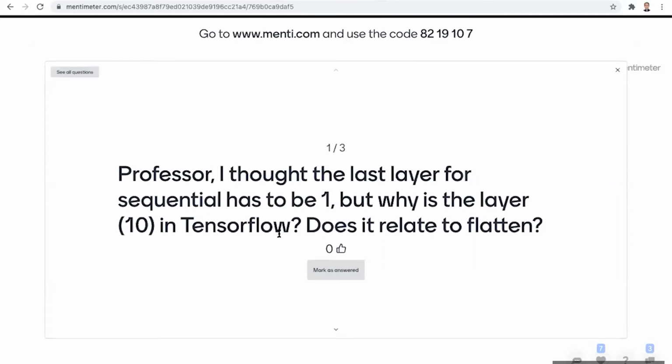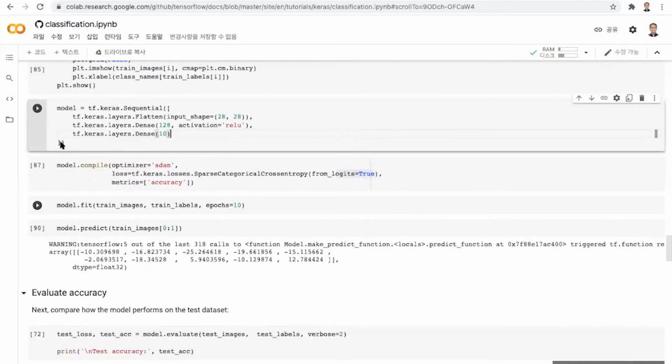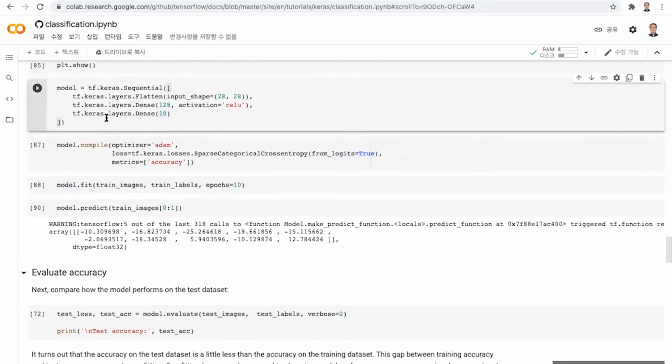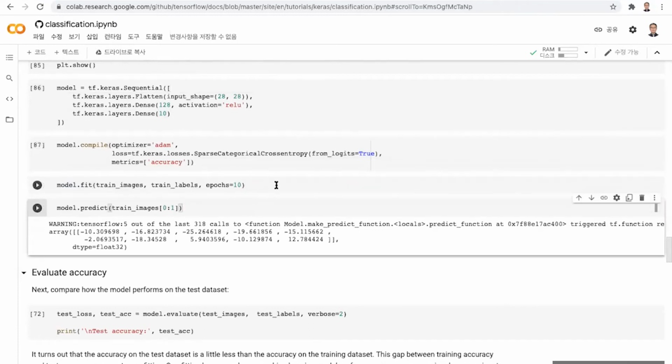So the first question. You thought the last layer for the sequential has to be 1, but here it is 10. Why? That's a very good question. Let me emphasize these 4 cells.